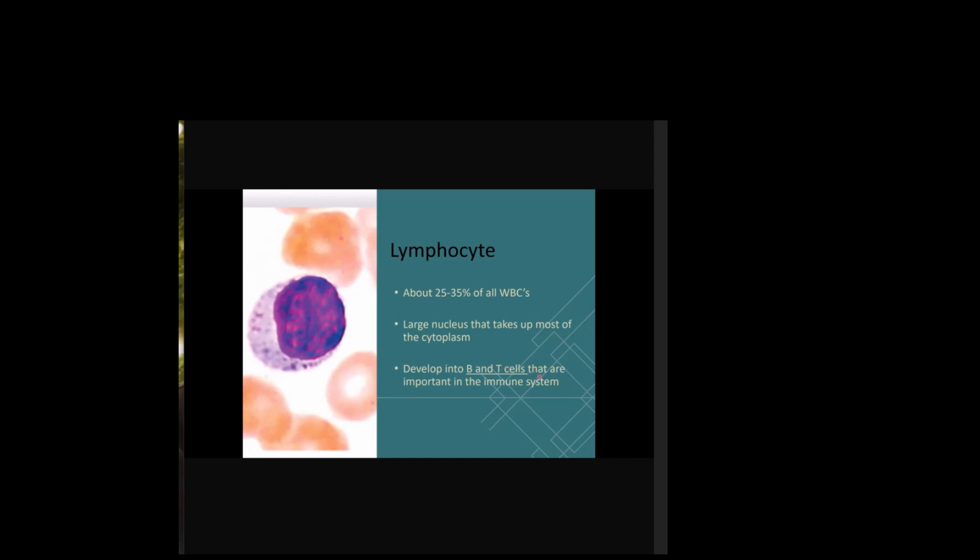These are very important in our immune system. B lymphocytes, as we're going to see, are named because of where they mature. The B ones grow and mature in the red bone marrow. The T lymphocytes mature in the thymus gland. When we talk about our immune system, we'll talk about them some more.